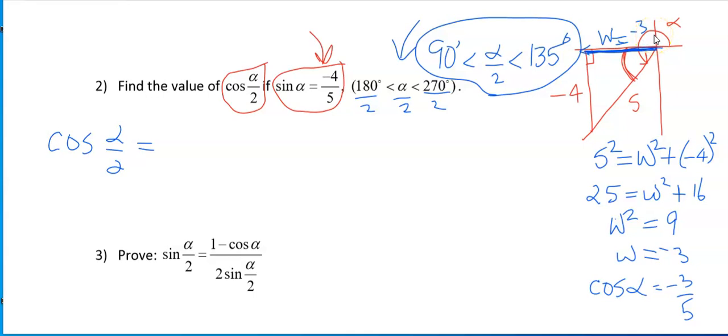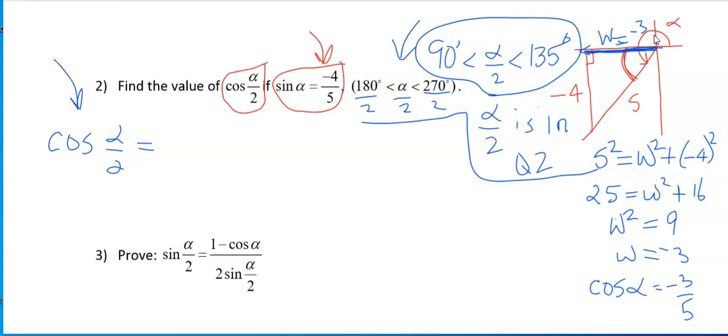So alpha over 2 is in quadrant number 2. And that's how you decide whether to use the positive or the negative. All right? So quadrant number 2, that's a quadrant 2 angle, and the cosine of a quadrant 2 angle, everybody, according to your CAST rule, is negative. There you go.